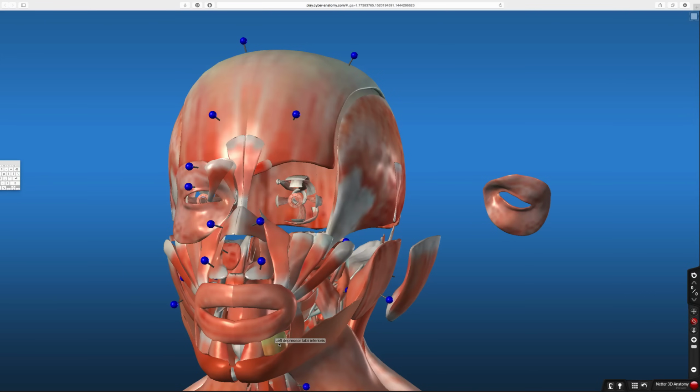What else could we do? Let's see. Now we can look at the depressor anguli oris. I'm not sure if we looked at it, but this is the left depressor anguli oris.